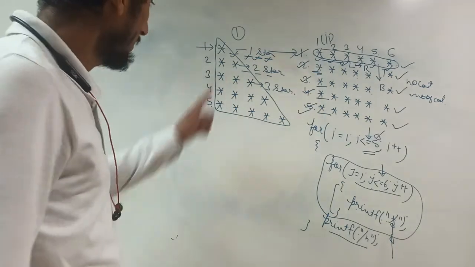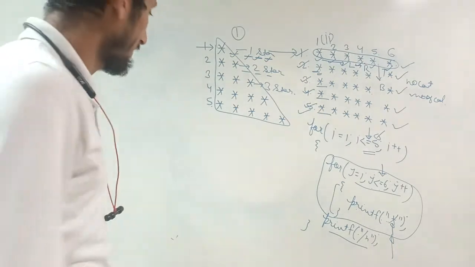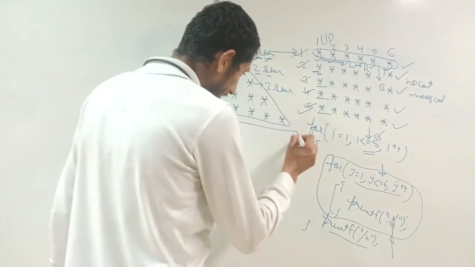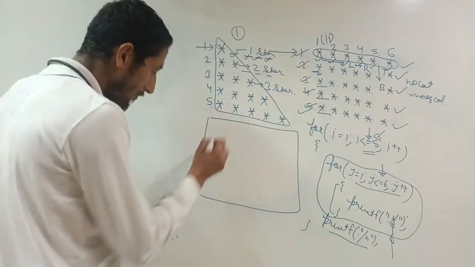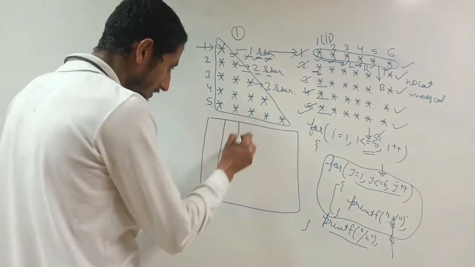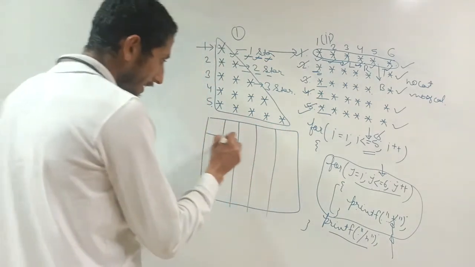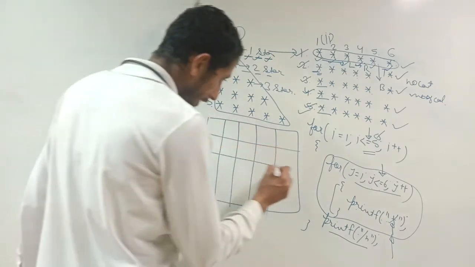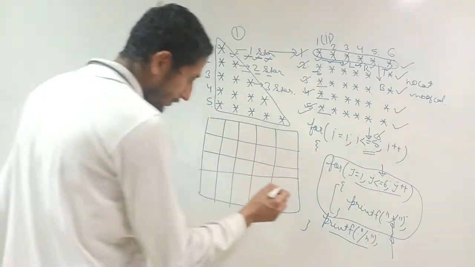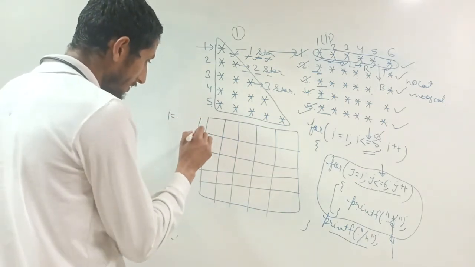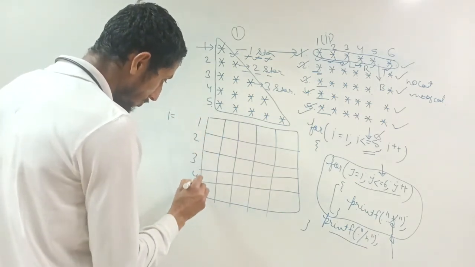Okay, so let me write the logic for this one. My advice to you is, before solving a program like this, first of all make a grid like this. Please make a grid and write the values of i and j so that you can build the logic. So the value of i is 1, 2, 3, 4, 5.